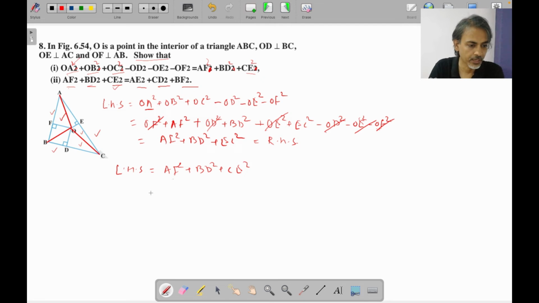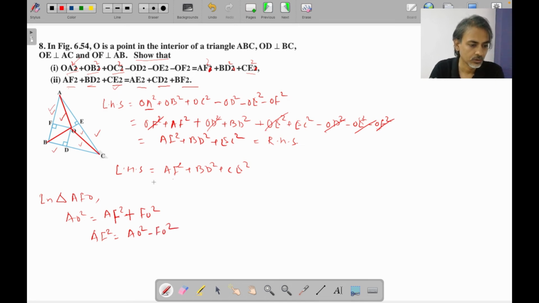Now for AF, let's go into triangle AFO. In triangle AFO, AO square is nothing but AF square plus FO square. So AF square is AO square minus FO square, right?